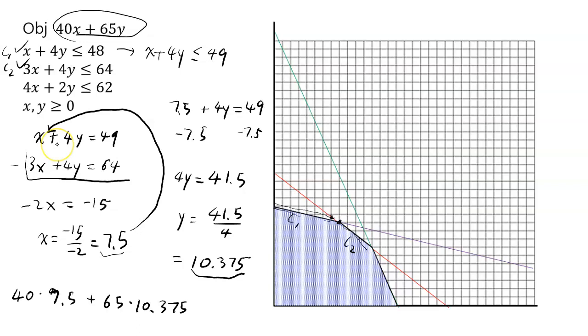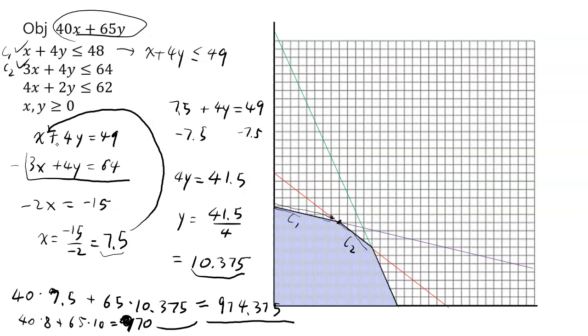Okay, I just used my calculator and it tells me that the number is 974.375. Okay, so we get this new objective maximum. Now compared with our previous one, what was our old objective maximum? It was when we had 40 times 8 plus 65 times 10, we had 970. So what's the difference?